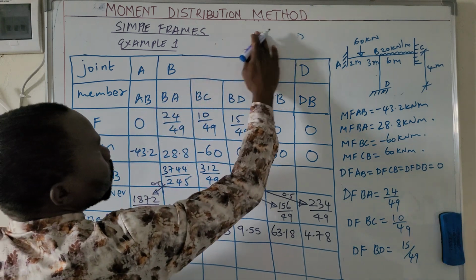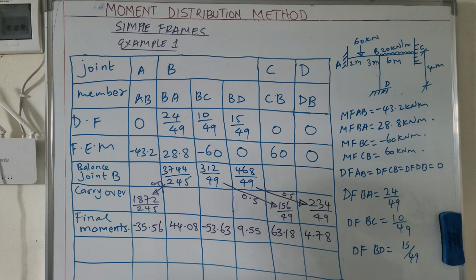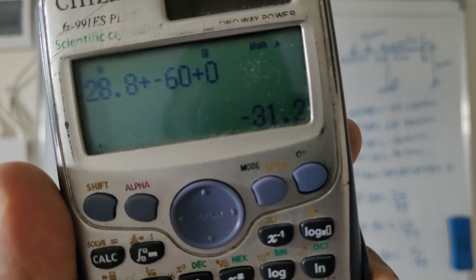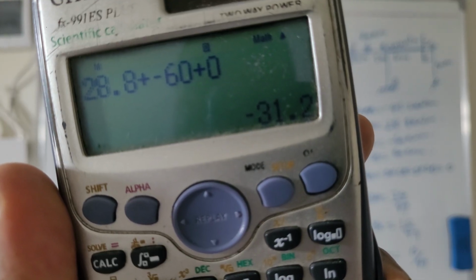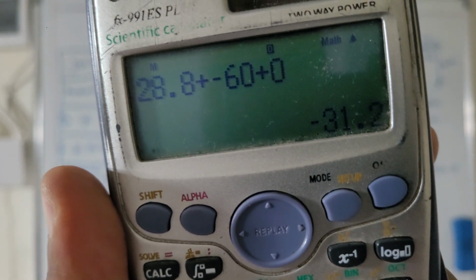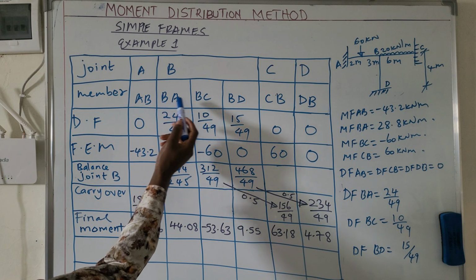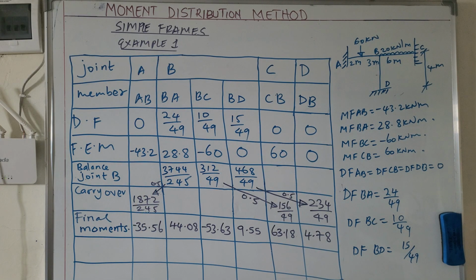So you will take the opposite sign of negative, which is positive, and say that positive 31.2 should be distributed to each member of joint B. So we are going to distribute positive 31.2 to each of these members, BA, BC, BD, to make joint B be in balance.